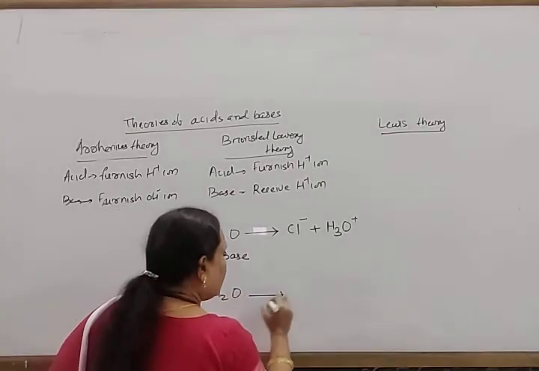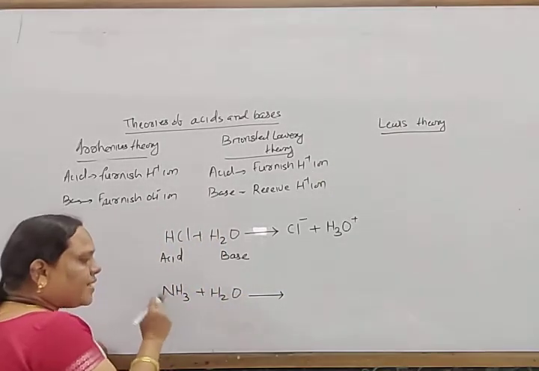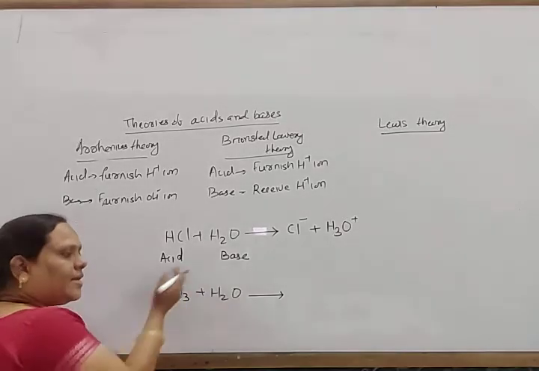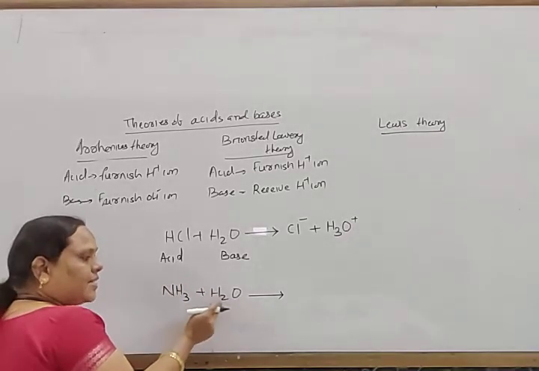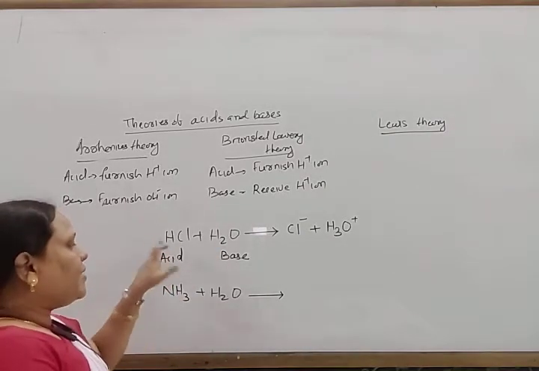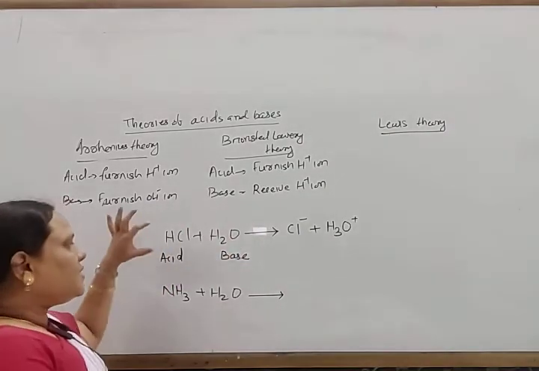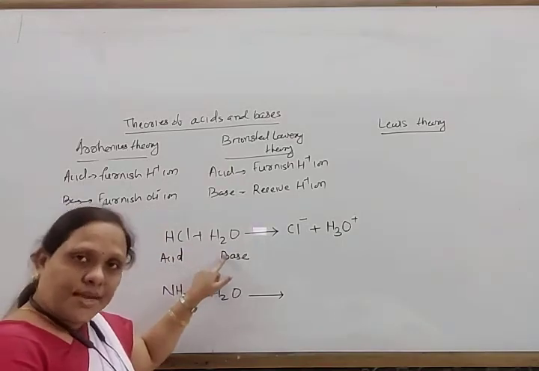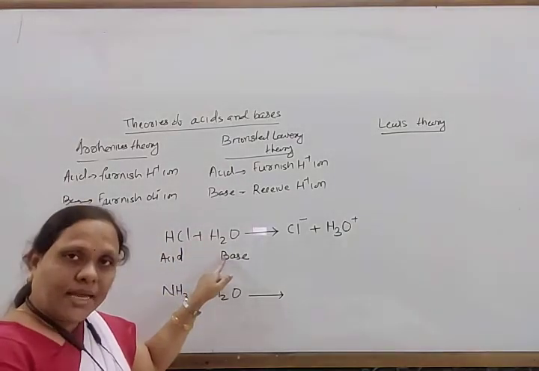So look here. Ammonia has the tendency to receive one H plus ion, and water has the tendency to give H plus ion. When HCl and H2O are taken, HCl gives H plus ion, so it is known as an acid, and water is known as a base because it receives H plus ion.